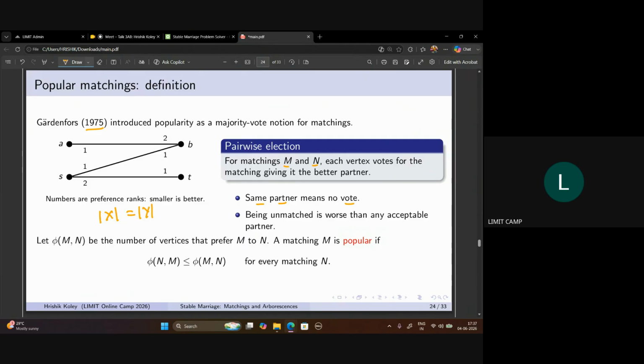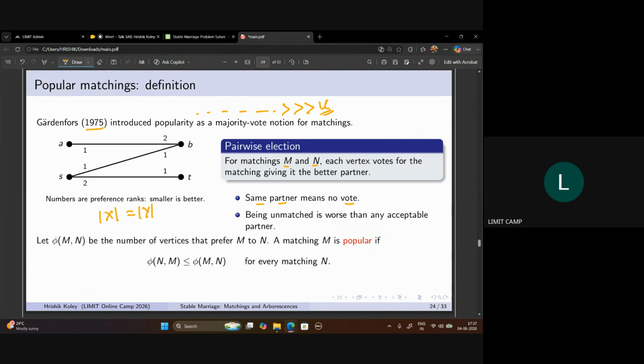It lets you rank all of the candidates and ranks being unmatched at the very end. So every candidate preference here is much better than remaining unmatched. So unmatched is also an option in popular matching, and that gives it a slight edge over stable matching.